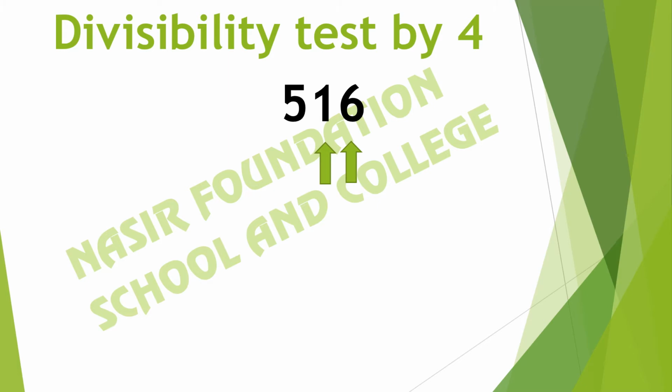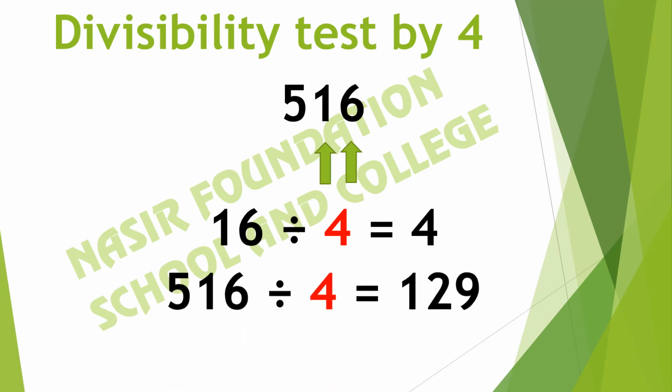Is 16 divisible by 4? Yes. 4 times 4 is 16. We can easily divide 16 by 4. It means 516 can be divided by 4. If we divide 516 by 4, we get the answer 129.